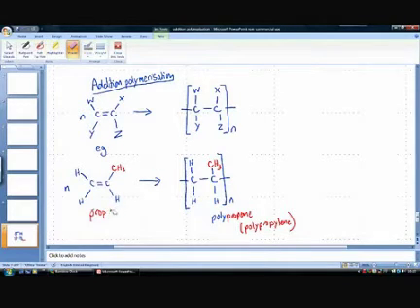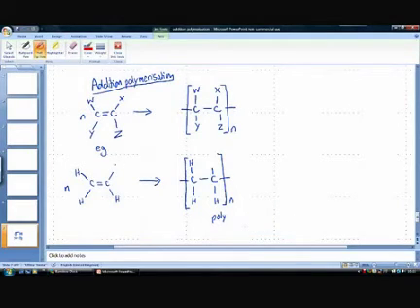Similarly, we can change that methyl group, and instead of having a methyl, we can put on a chlorine. And the monomer this time is chloroethene, and it produces polychloroethene.